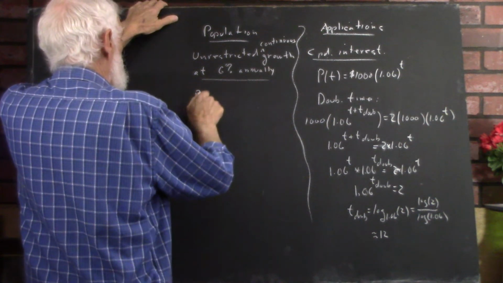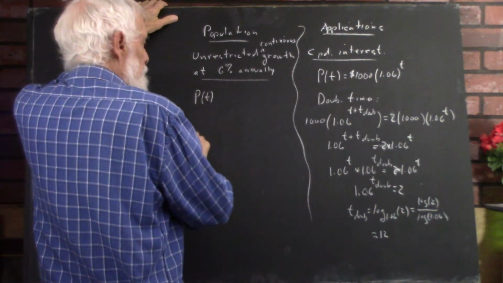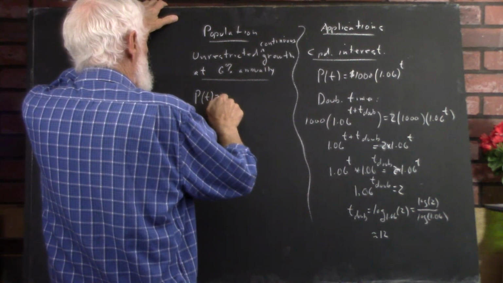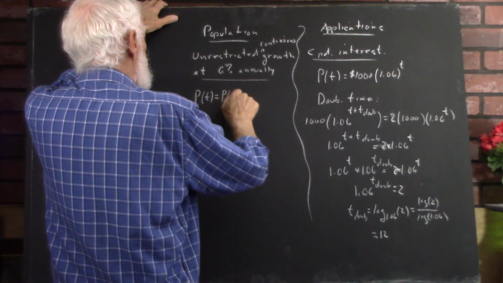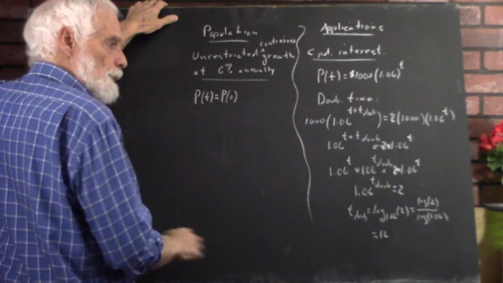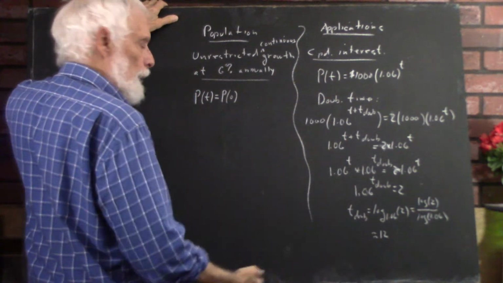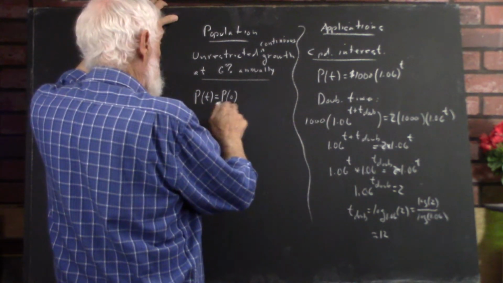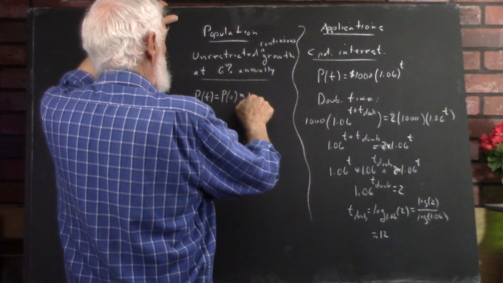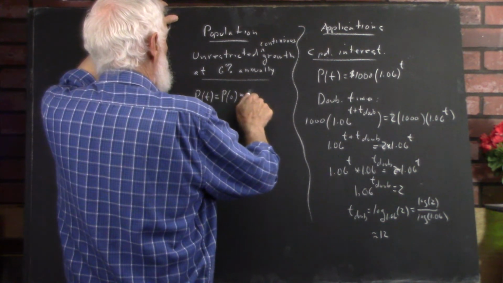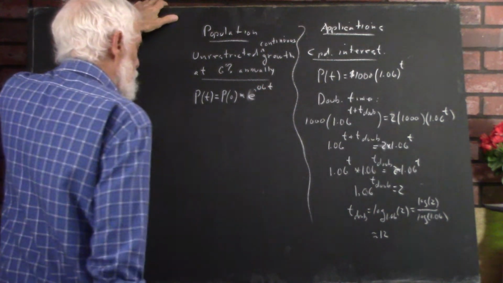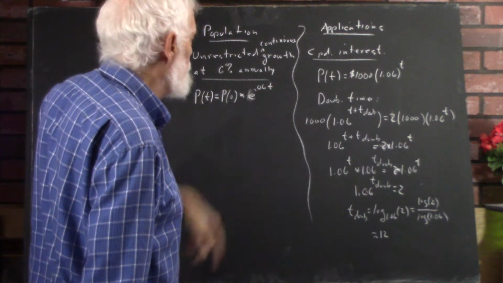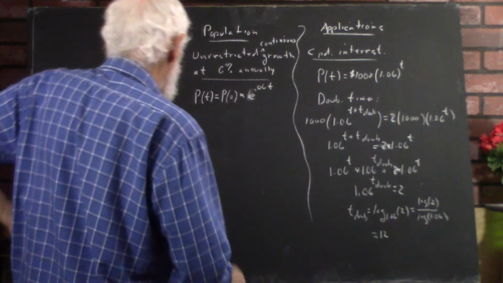Well, population could be expressed as a P. P of 0 is your population at time 0, whatever that might be. Put any number in here you want. That would be P of 0 times e to the 0.06t.